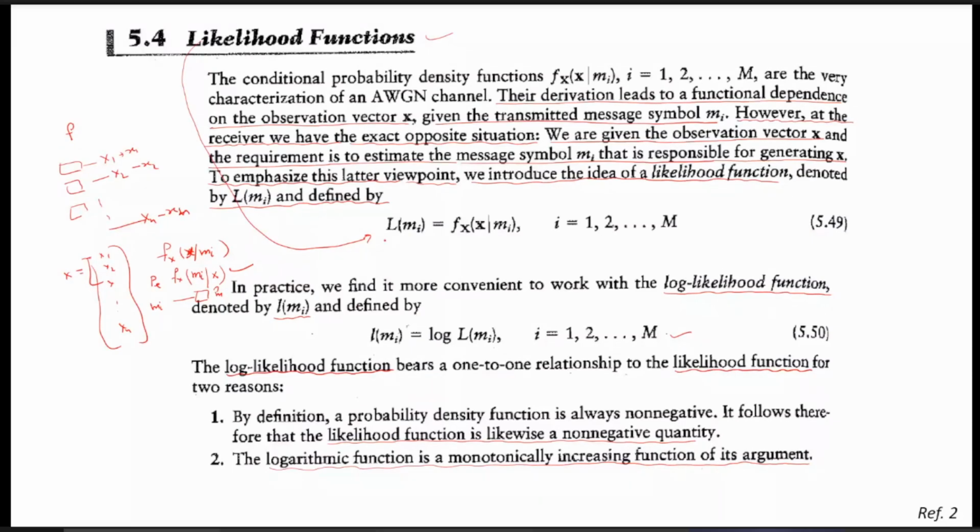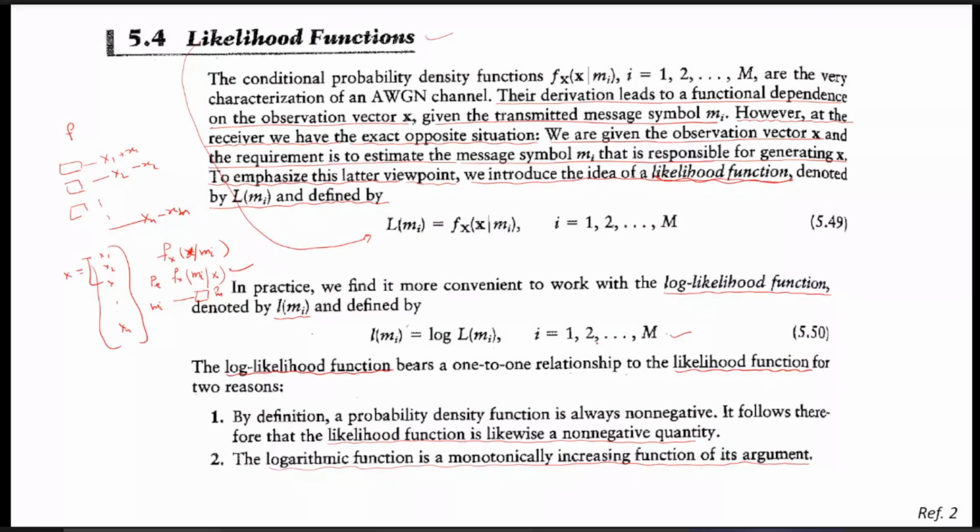So for the transmitter's symbols mi, the likelihood function is defined as L(mi), which is given as f_x(x given mi). And if we take the log of this, that is, log of L(mi), it is called the log likelihood function. This is simply the likelihood function, and if you take the log of it, that is called the log likelihood function.